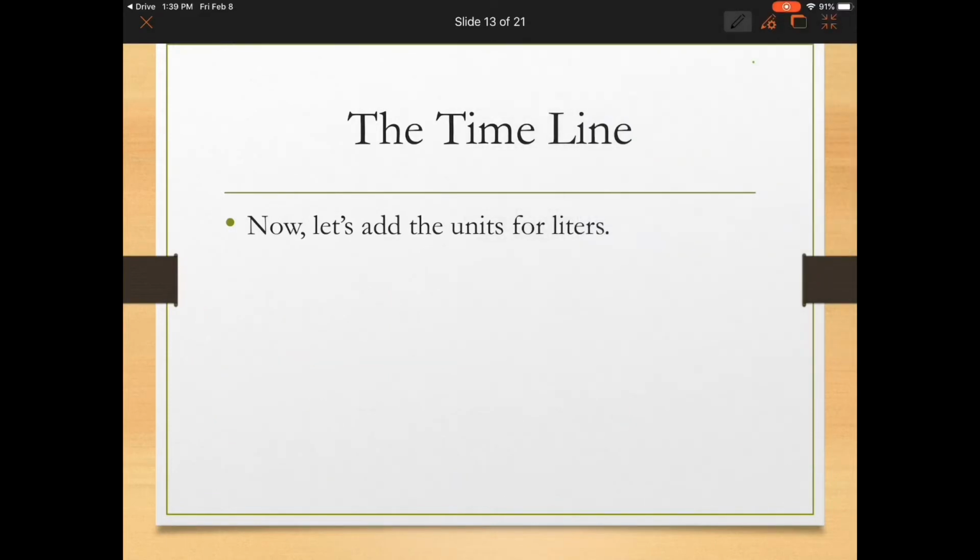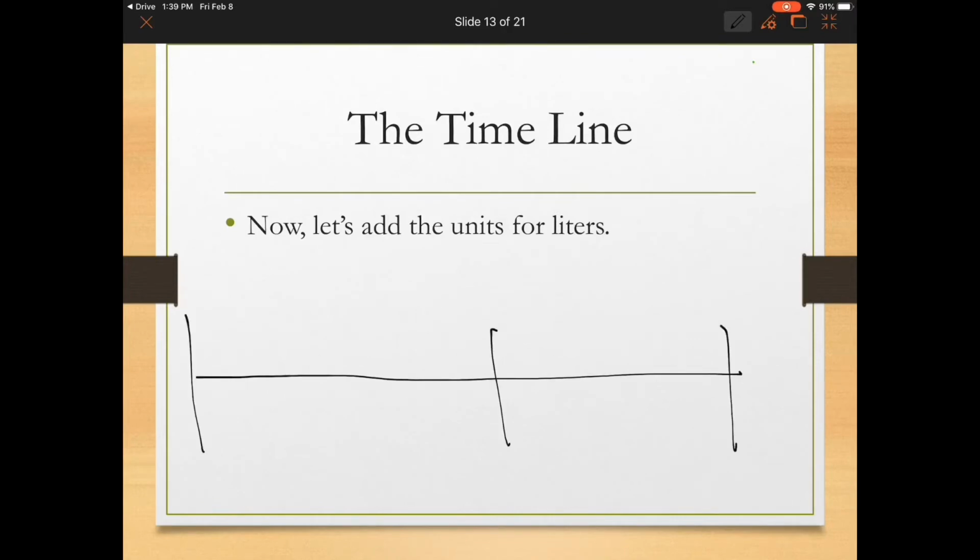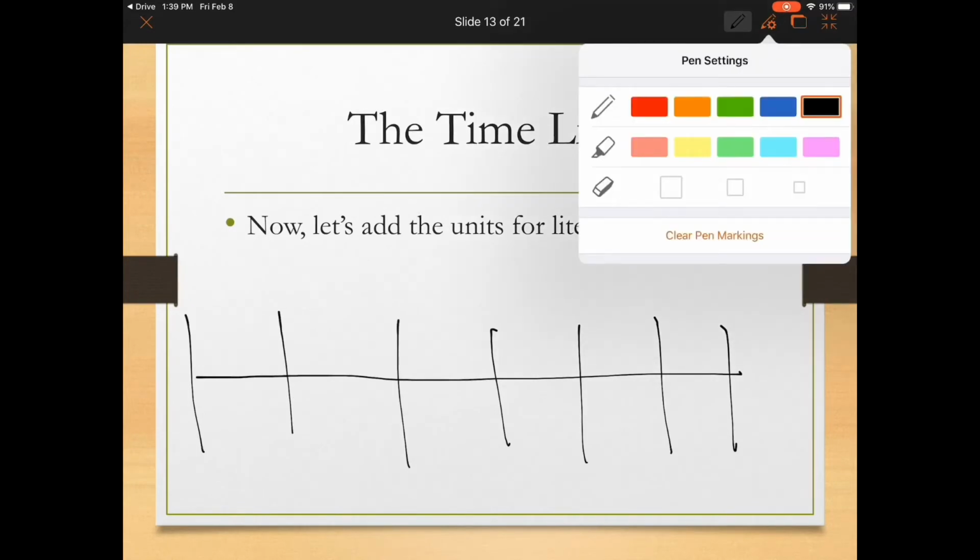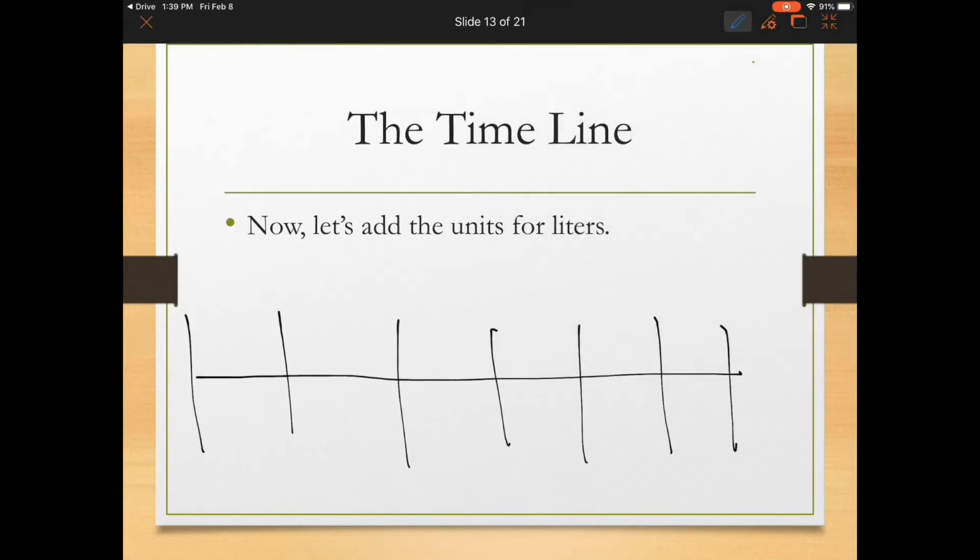Now let's do the same thing but for liters. Alright, so we've got kiloliters, hectoliters, decaliters, liter, deciliter, centiliter, and milliliter.